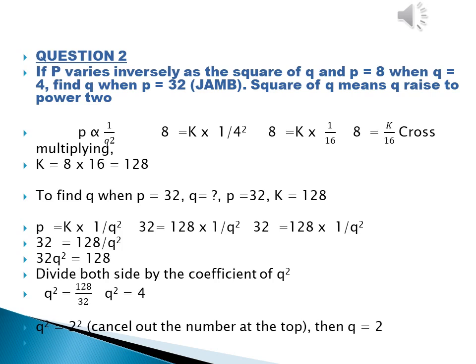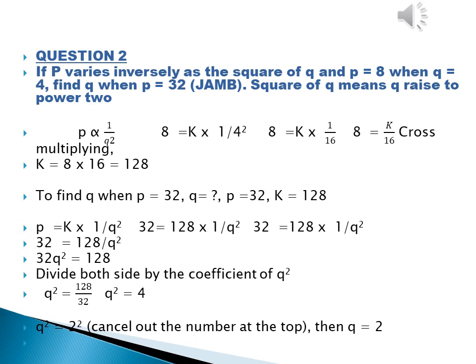So 8 will be equal to K over 16. By cross multiplying, K will be equal to 8 multiplied by 16, which is equal to 128.